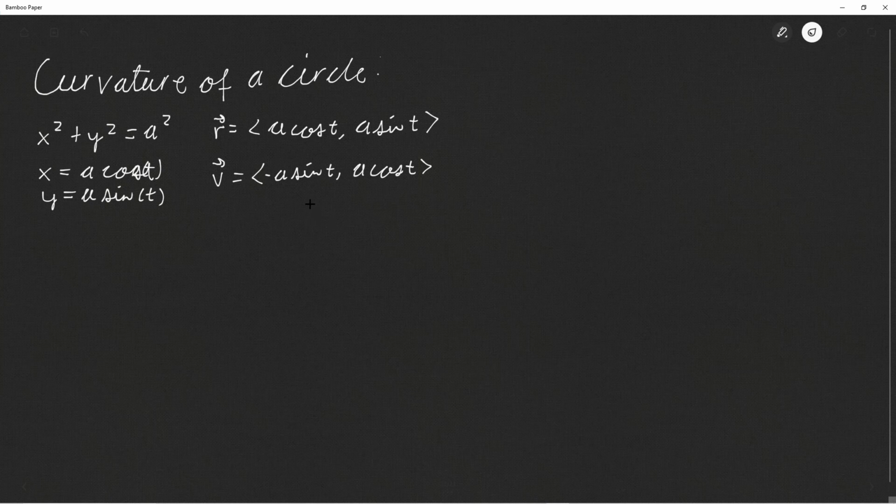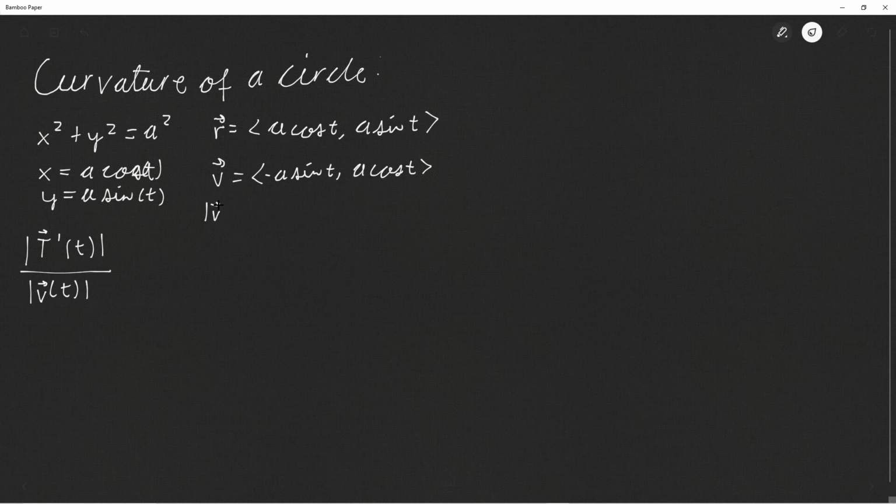So now, if you remember, to find the curvature, we need to find the tangent vector, take the derivative of it and find the magnitude, and then divide it by the magnitude of the velocity vector, which is our v of t. So what we could do here is find the magnitude of our velocity.